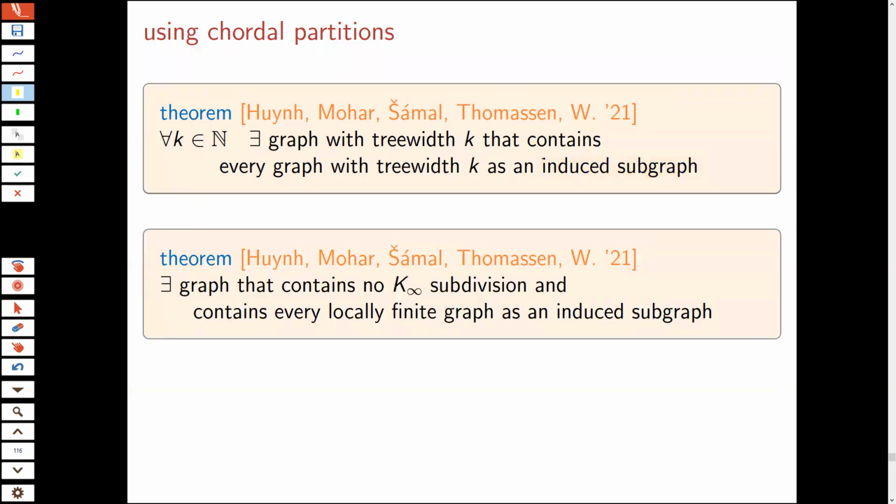It says there exists a single graph. It has no infinite complete graph subdivision, but it contains every locally finite graph as an induced subgraph. So locally finite means that every vertex has finite degree. That's a curious theorem. And it's just an explicit construction, no hidden magic.